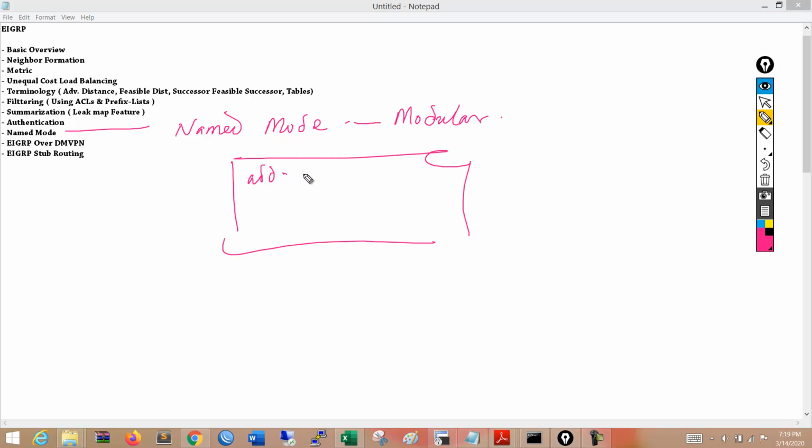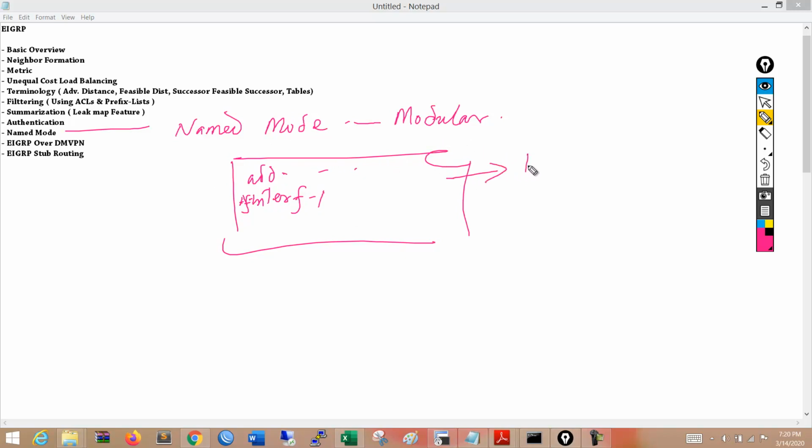You have address families there, you have the autonomous system, even the configuration that you are going to do on the interfaces, you do it inside the EIGRP global protocol command, instead of having a scattered configuration. Named mode brings together all of the configuration into one place.